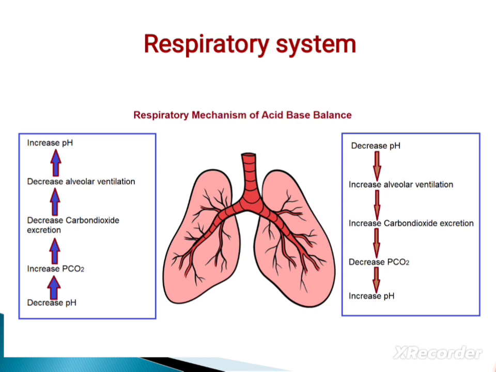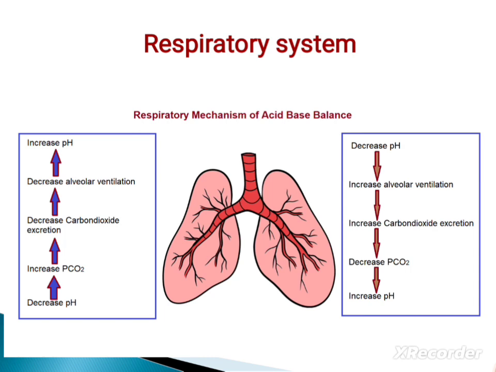Now, how does the respiratory system act? You all know that carbon dioxide is a volatile acid and it is controlled by our respiratory system. So, if acidosis occurs in the body, what will happen? The respiratory rate will increase, and more and more carbon dioxide will be expelled. Ultimately acid is eliminated from the body and the acidosis condition will be neutralized.